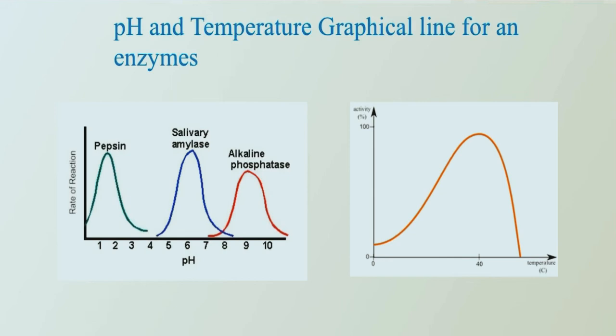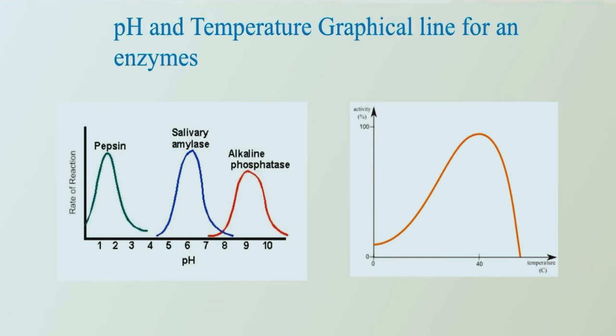For pepsin, it's nearly between 1 and 2, so 1.5. For salivary amylase, it's nearly 6. And for the third enzyme, it's nearly 9. So we can determine the optimum pH and the optimum temperature in a graph line.